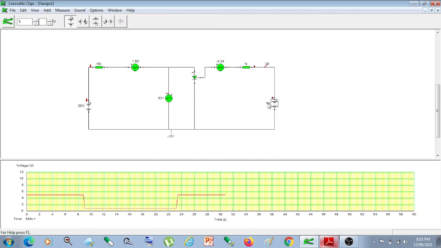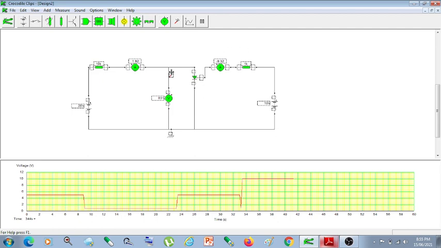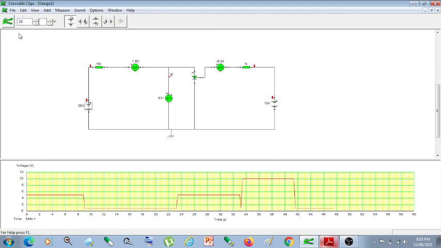Okay, so again I'm changing this 5 volt to 10 volt. So it shows 10 volt, right? The current also changes, 1.92. Okay, and change this one to 30 maximum.